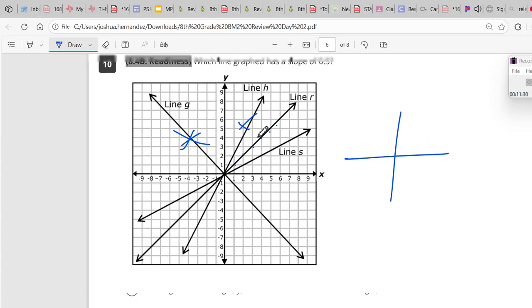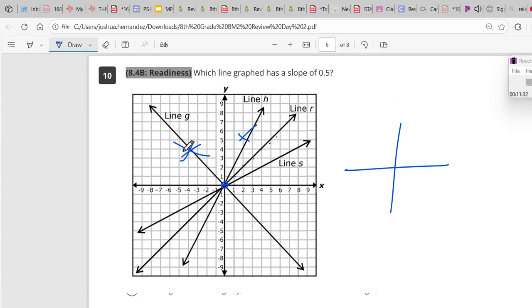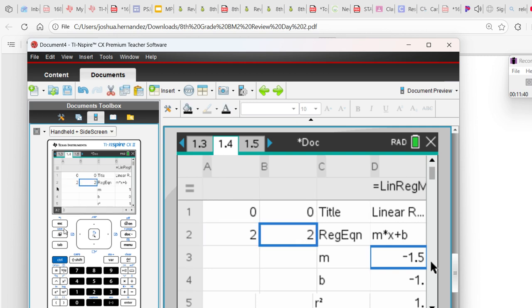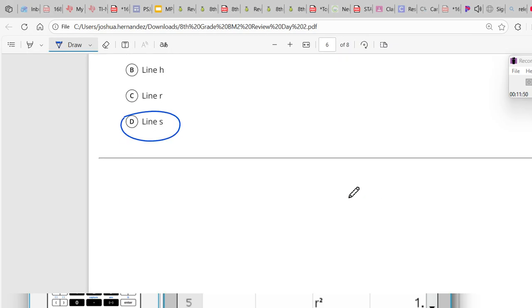All I need to do is get two points. In every one, I'm going to have 0, 0, and for this one I have 2, 1. So I go to my calculator, 0, 0, and then 2, 1, and there it is. 0.5 is just so easy.